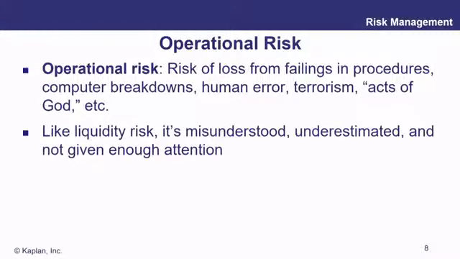Again, like liquidity, it's not that hard to measure and quantify, but you certainly have to consider it. If you follow the financial industry, you're aware of situations where mistakes became serious multi-million-dollar issues for organizations. We hope that's the exception, but it does happen.